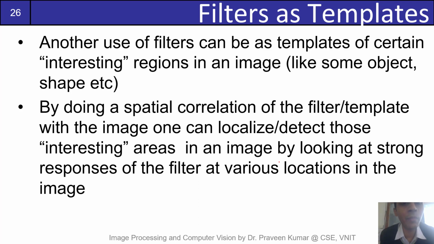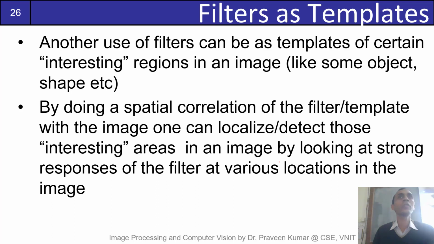So we'll see more examples of smoothing later on, but I want to highlight something here. This mechanism of spatial filtering that we have discussed, taking a mask and correlating at every location with the image values, getting output values as a sum of the products of the corresponding terms, can be used also for something called template matching.